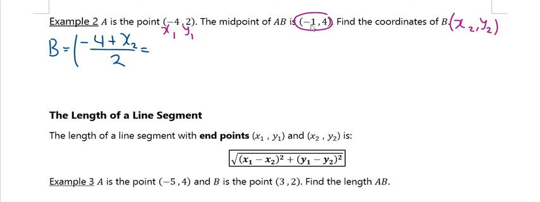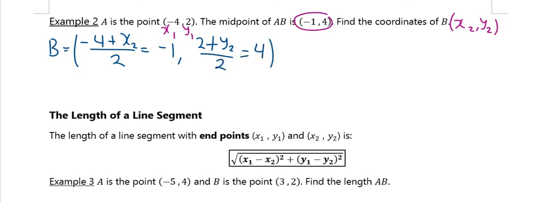So the x coordinate of your midpoint is negative 1. That's the first one. And for the second one, you will have 2 plus y2, everything over 2, and you know the y coordinate of the midpoint.